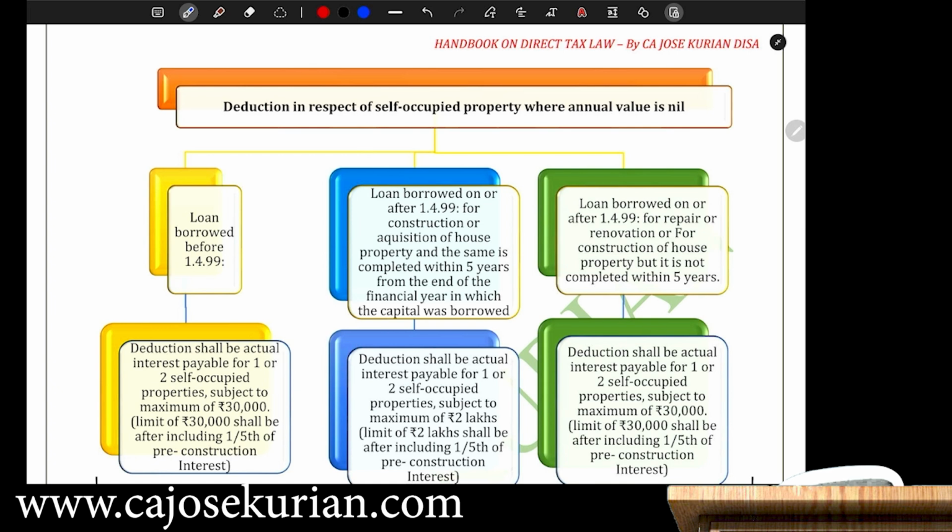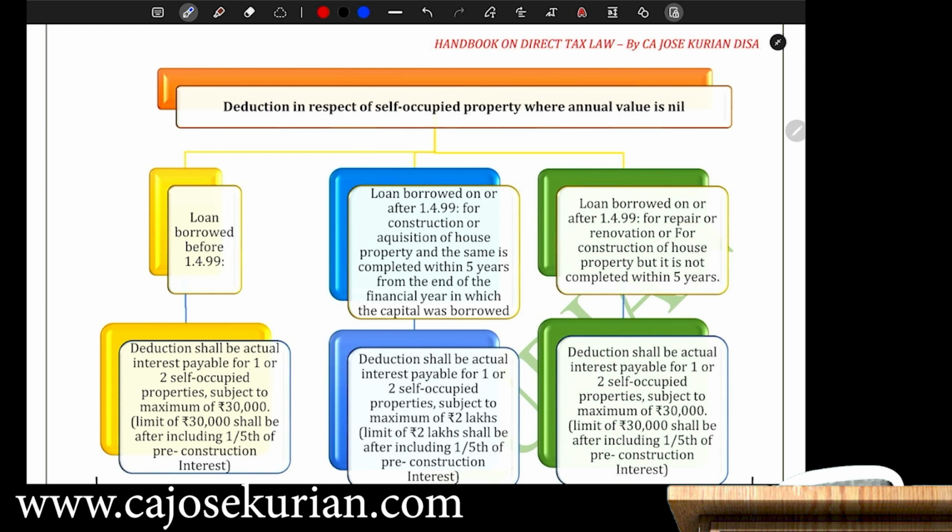We are restricting your deduction. Since we are not charging any income from that property, we will restrict your interest deduction as well. We will put some ceiling limits for that. Are you all with me?